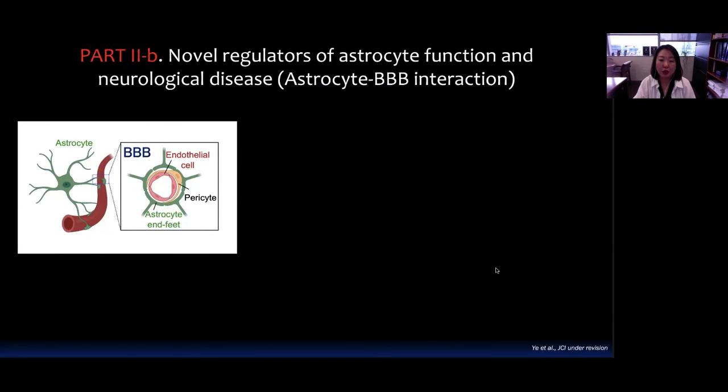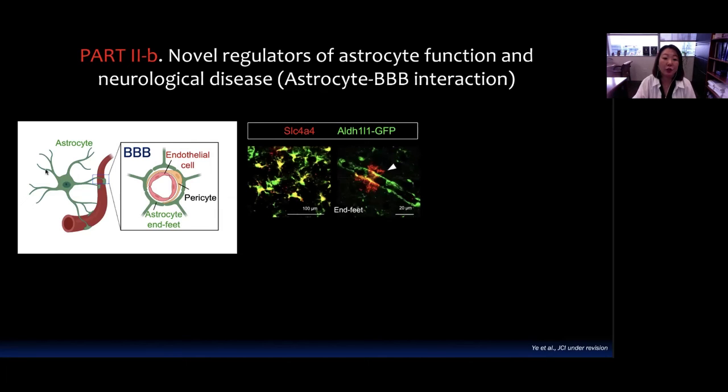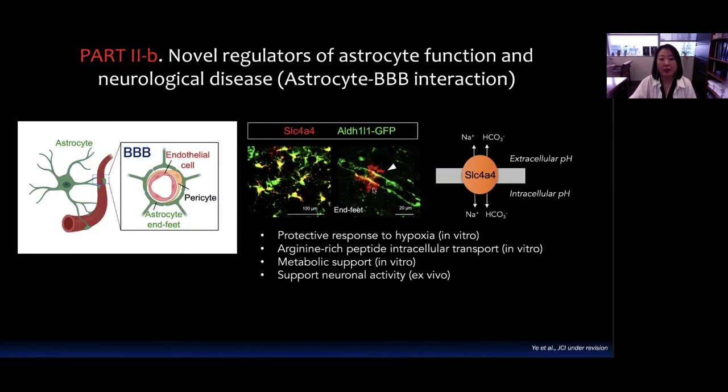And another part, we are also interested in the astrocyte and BBB angle. Because we had lots of genes screened from the beginning, we found one gene called SLC4A4, which is highly expressed in astrocyte as well as in this vascular astrocyte. And this gene's function in astrocyte has been studied heavily in in vitro or ex vivo systems, but not really studied in an in vivo setting.